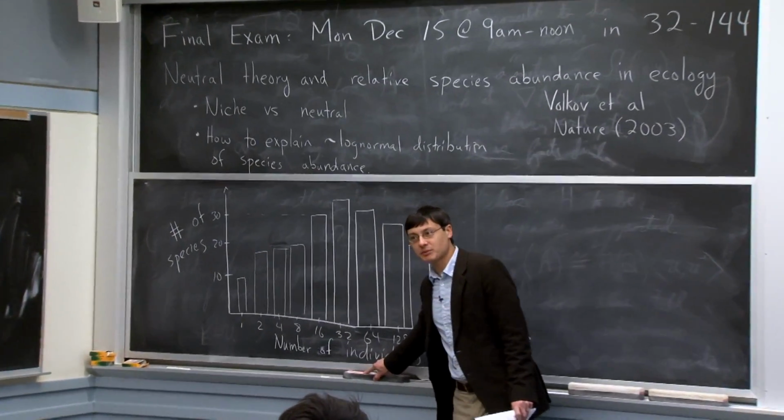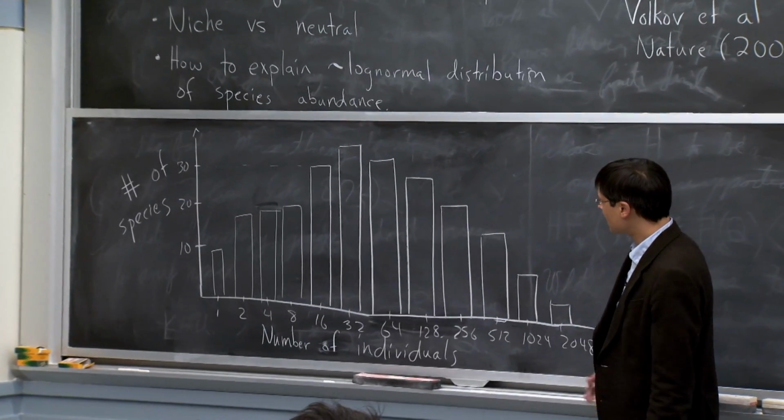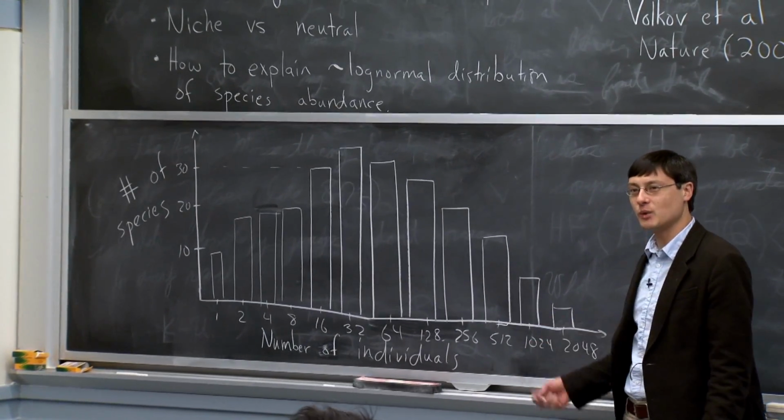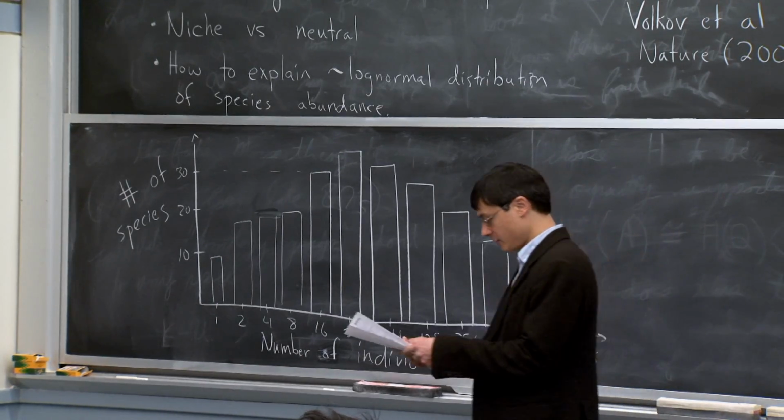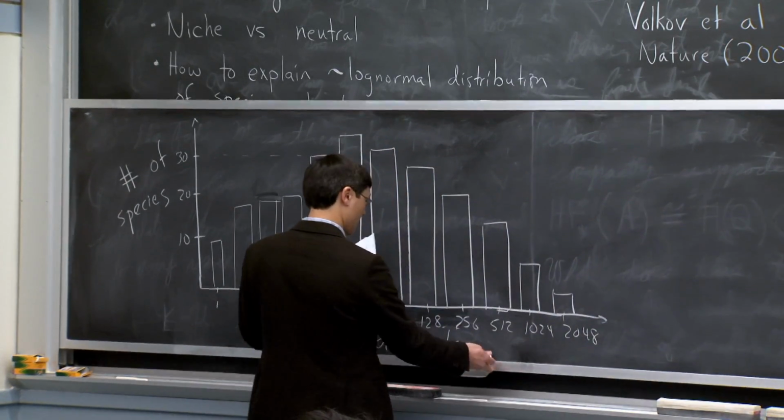There's a slight problem in all this, which is that this thing is plotted in a very funny way, right? If you look at the figure, what you'll see is the number of individuals, and down here it says log 2 scale.